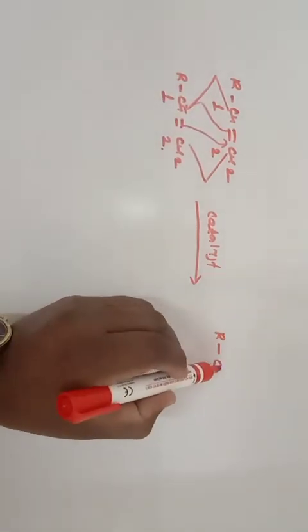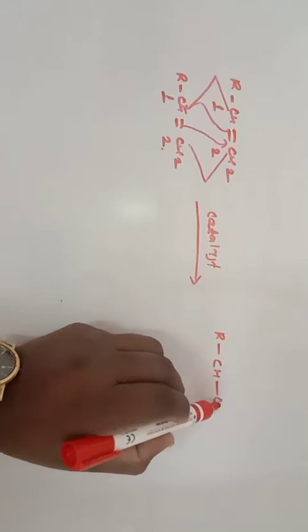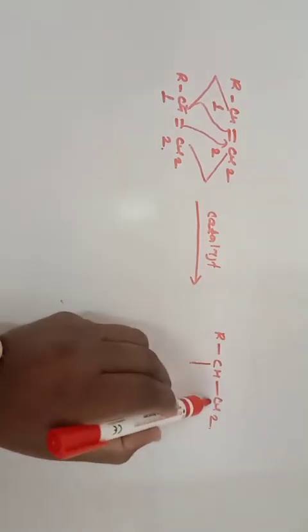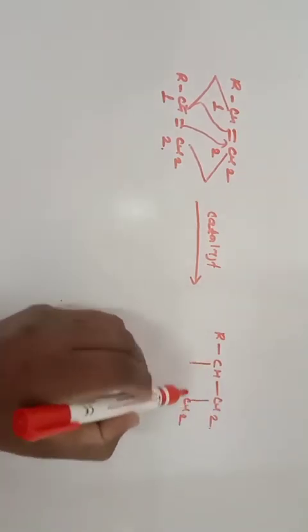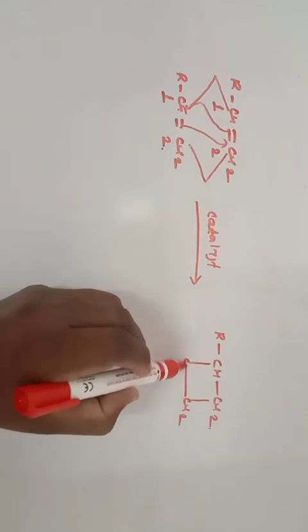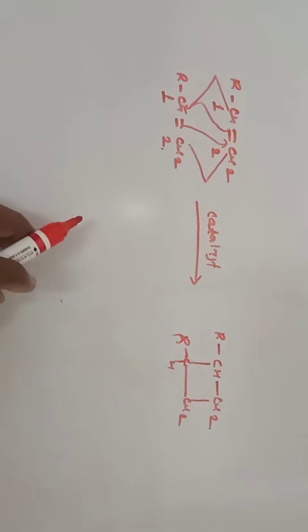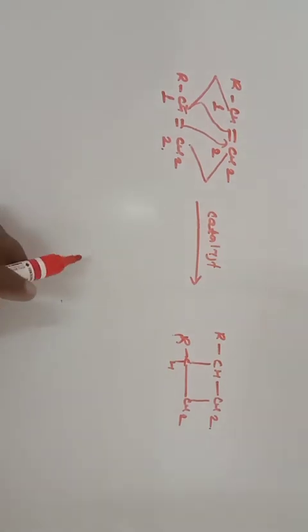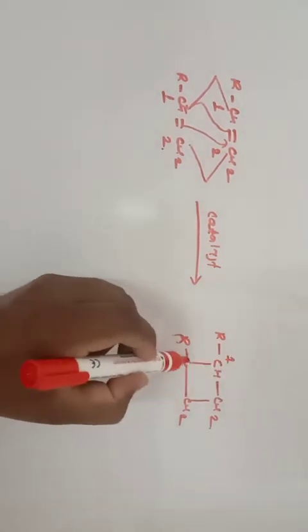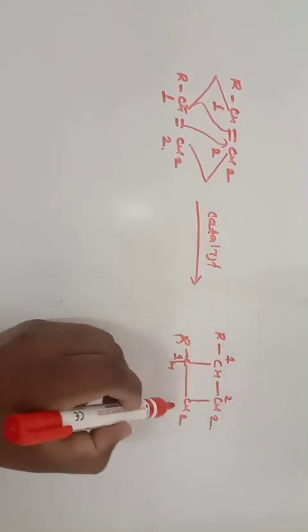What you get here is CH2, CH, and R group. This is your intermediate, with the new bond formed between carbon 1 and 1 and carbon 2 and 2.